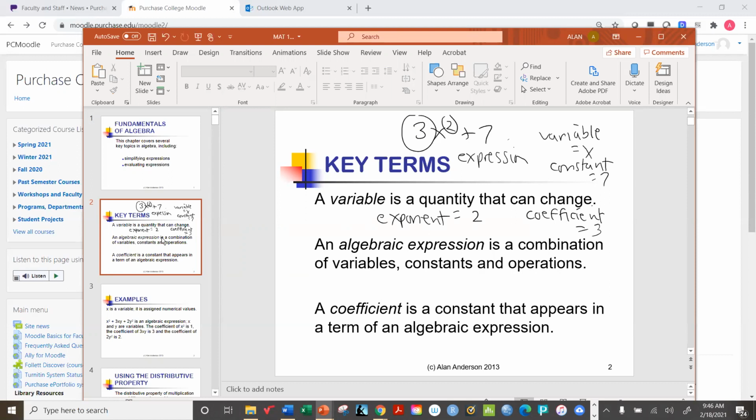And of course, we all know that this little 2 up here is the exponent. All right, so within any algebraic expression, you could have any or all of these components: a variable, a constant, an exponent, and a coefficient. I almost forgot, we also have the operator. Plus is the operator in this expression. And of course, the word operator simply means it is telling you to combine these terms in some way.